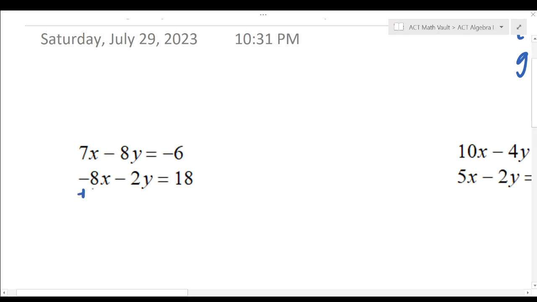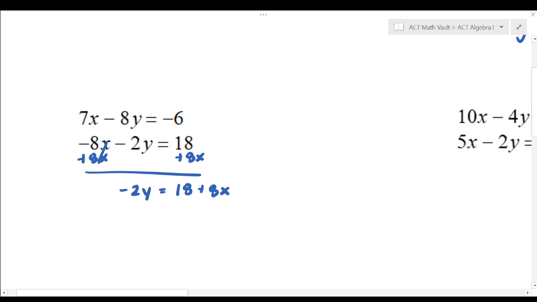And if I get y by itself like this, I can divide here and everything is even. So this would be negative 9 and then minus 4x. That's what y is equal to. So let's use our highlighters here for a second.